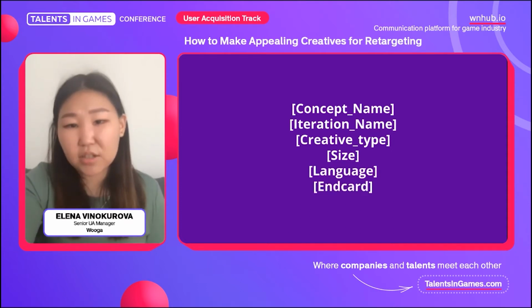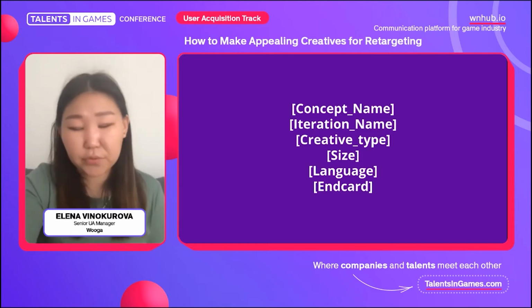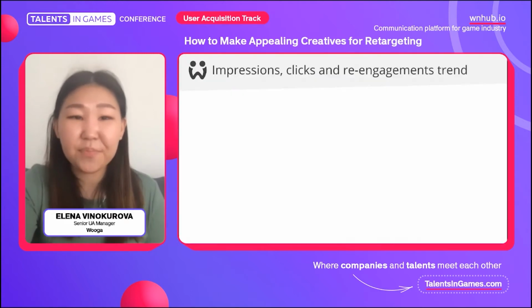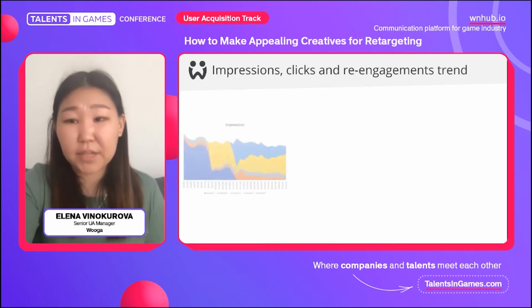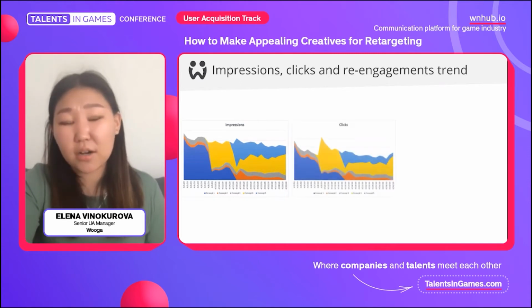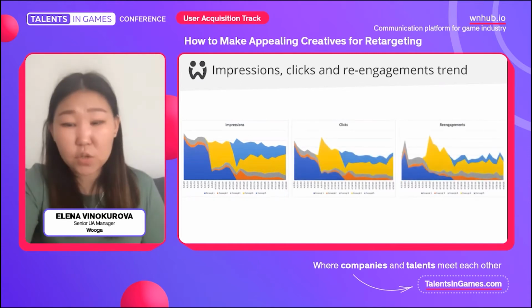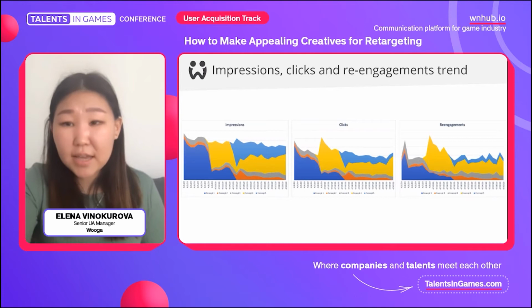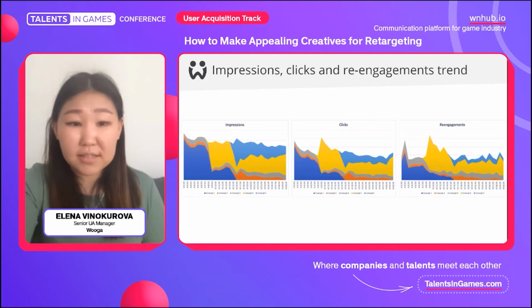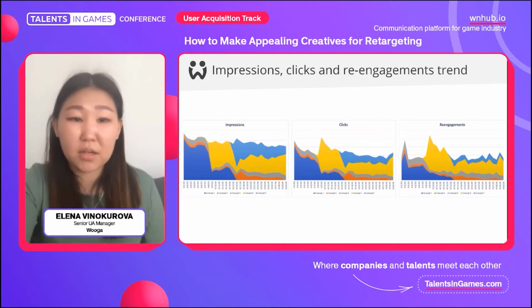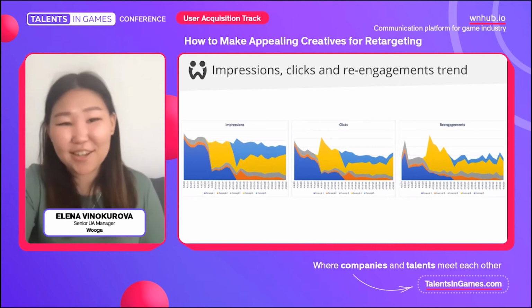So there is end card, no end card, or maybe a certain type of end card. We combine all this data and create the daily graphs, which we update on a daily basis, so we have fresh data every day to analyze. We collect impressions, clicks, and re-engagements, so we can see which particular concept, creative type, or size drives the most engagement, and which one maybe stopped delivering impressions, etc.